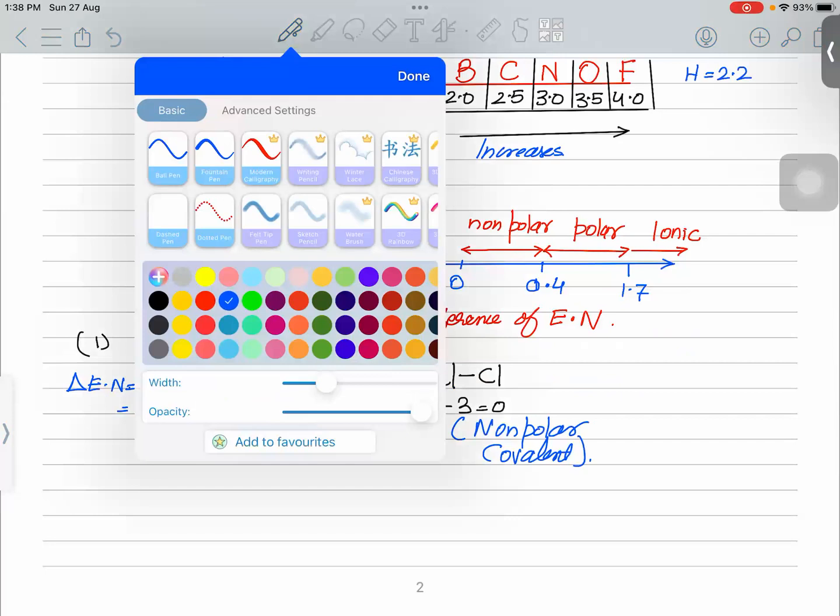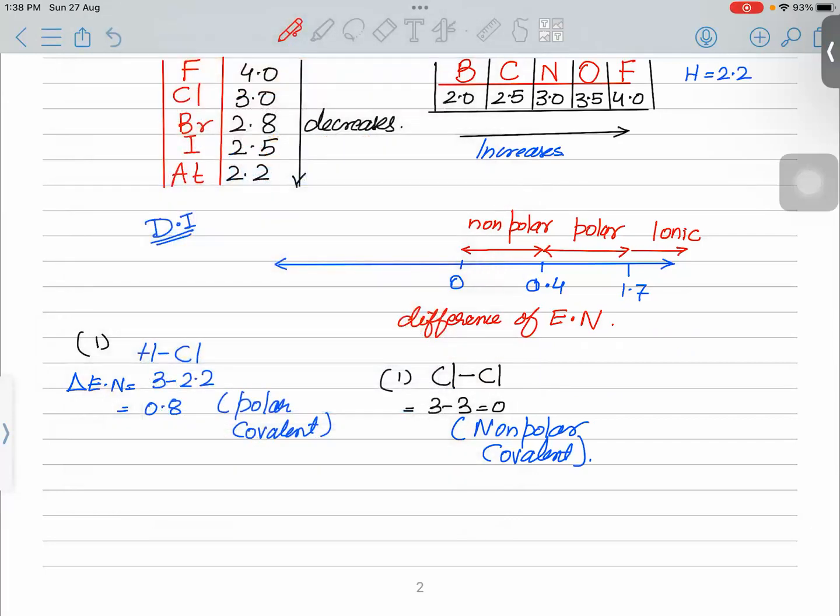Next is HBr. Bromine is 2.8, hydrogen 2.2. Answer is 0.6. Polar or non-polar? It's polar covalent.